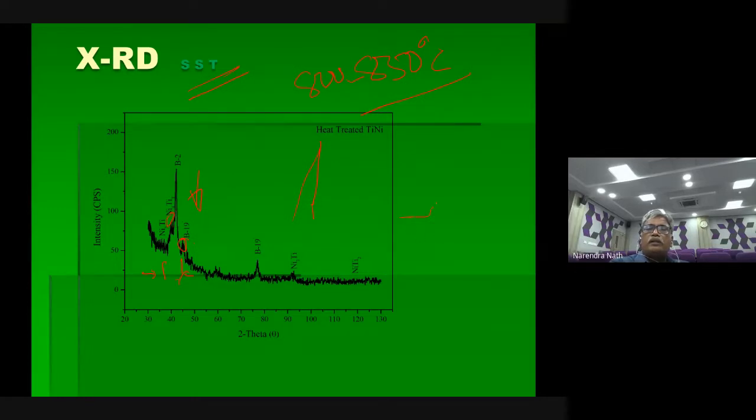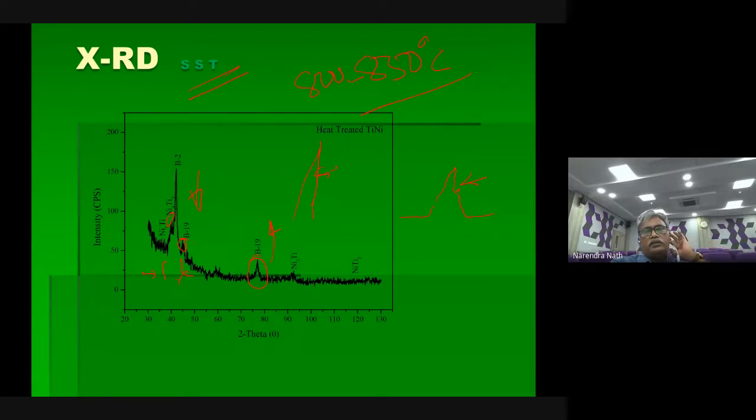Broadening as well as the height is also reduced. See here: the previous as-received case is this, and after treatment is this. So when you are discussing your result, you should talk in terms of height, broadening, other peaks and their intensity. Compared to the previous one, now this B19 is increased.